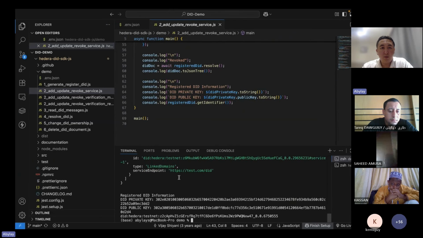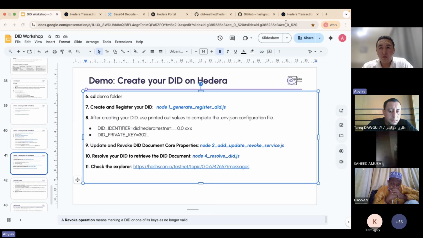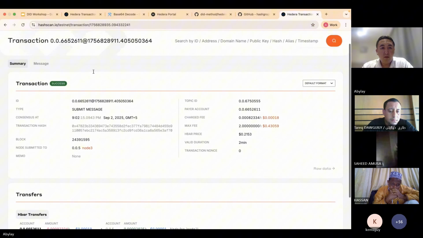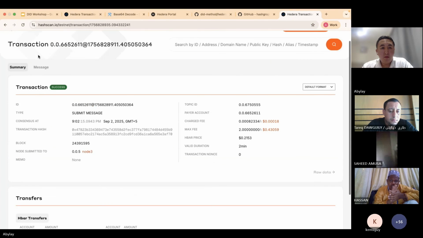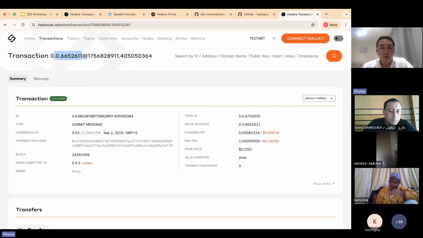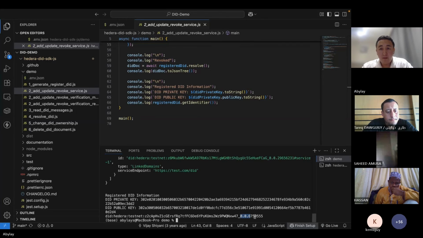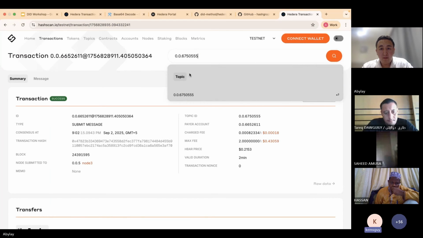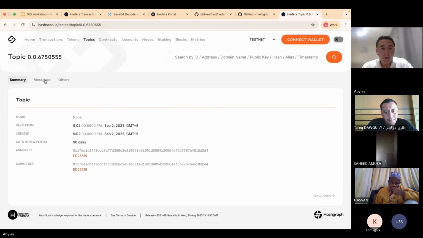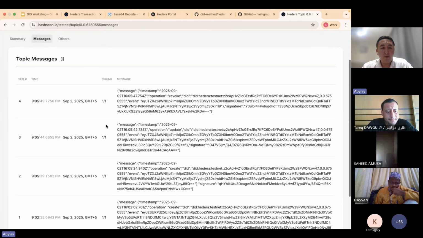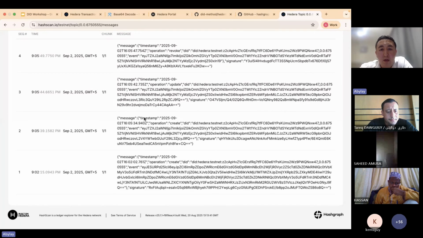Let's check it from the Explorer. This one, I think. This is the topic ID, or which one is the topic ID? Okay, this is the topic ID. So you see, we have 4 transactions.